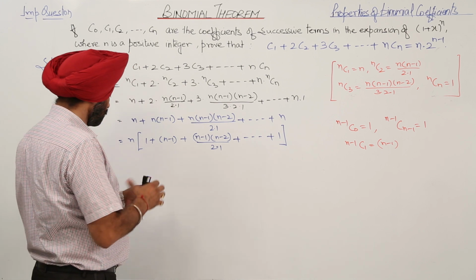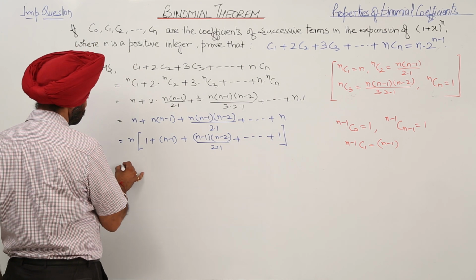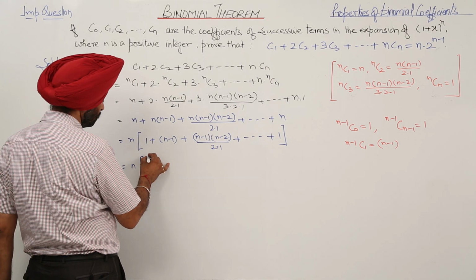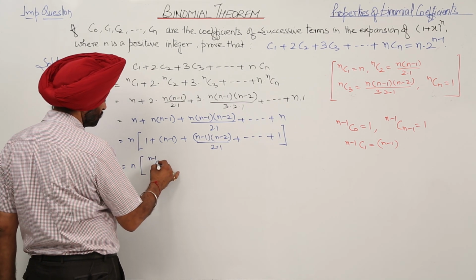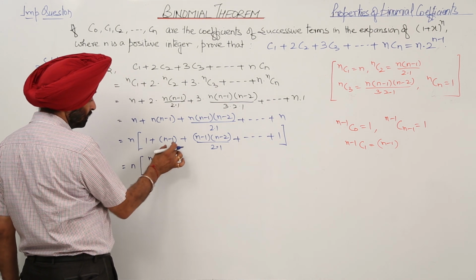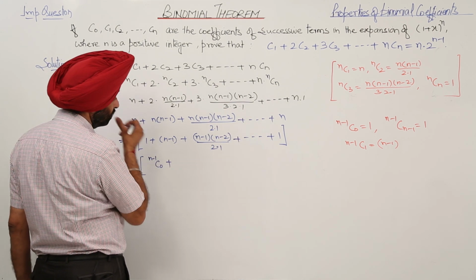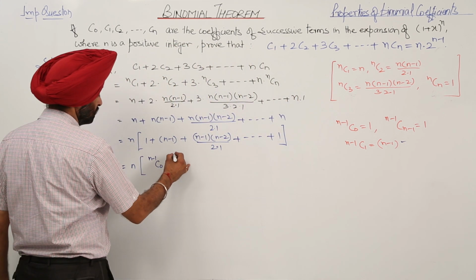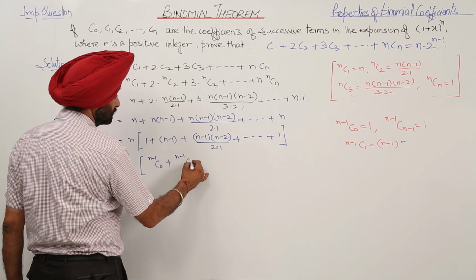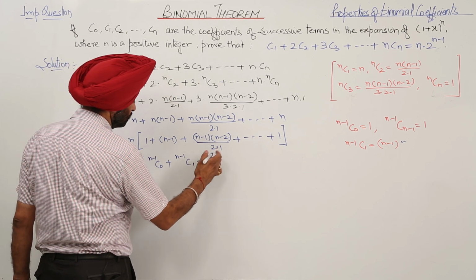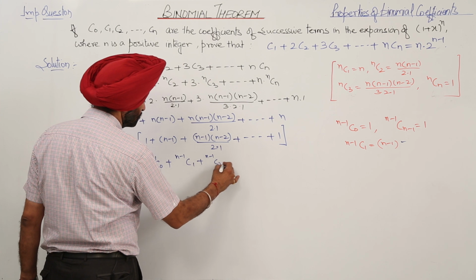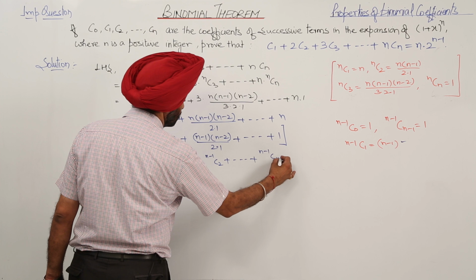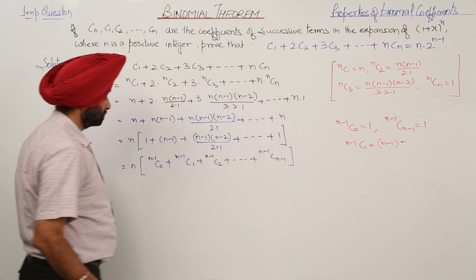So, what are we doing now? We are writing n times: this one is n minus 1 C0, this term 1 with n minus 1 is n minus 1 C1, this term is n minus 1 C2, plus n minus 1 C n minus 1.